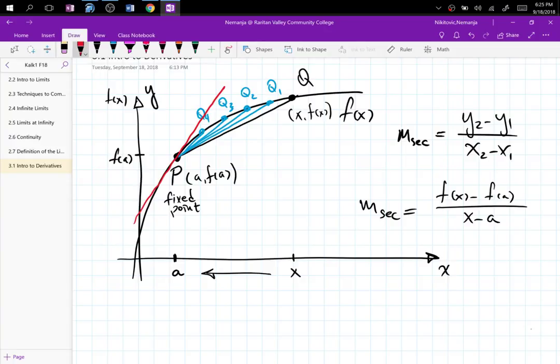So this red line is called the tangent line.